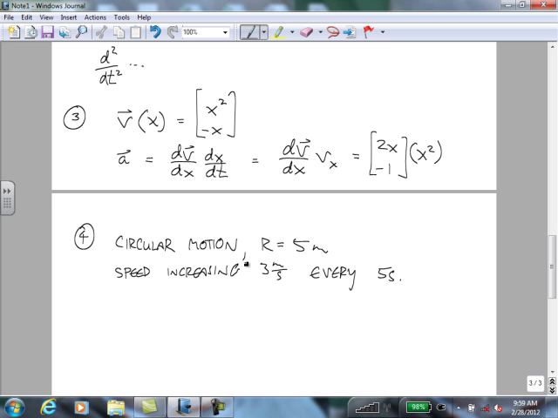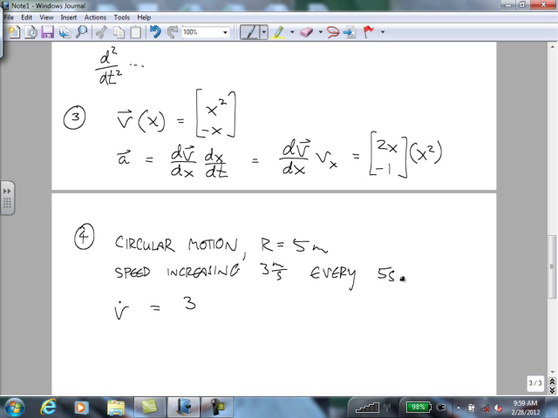Okay, so for circular motion problems, thinking in terms of polar coordinates is always a good start. And you could do this in polar. It wouldn't be too terrible. But figuring out what to do with this speed increase in polar coordinates would get a little messy. You'd have to do a bit of thinking.